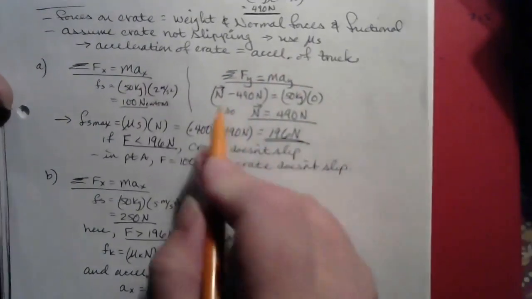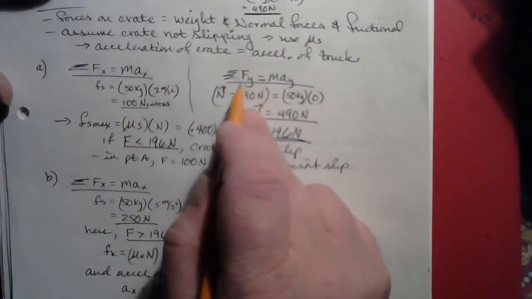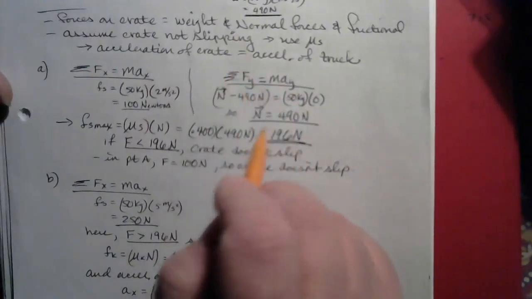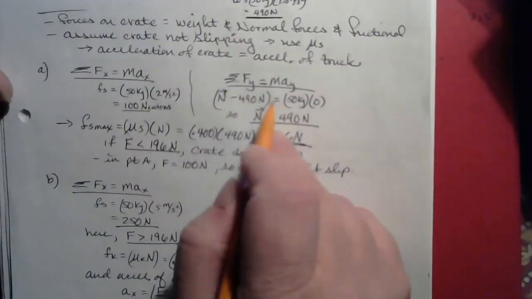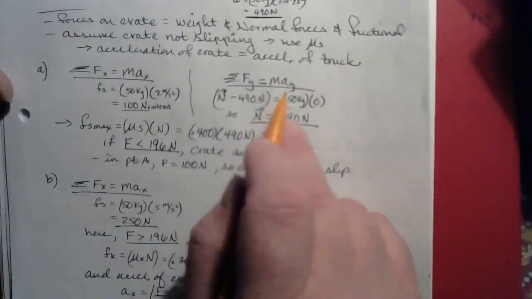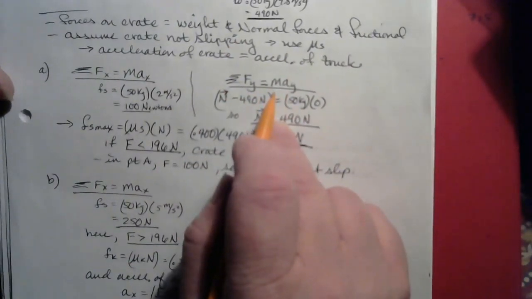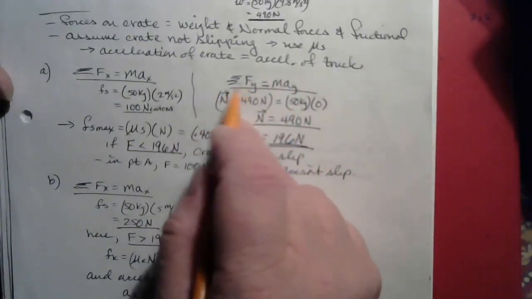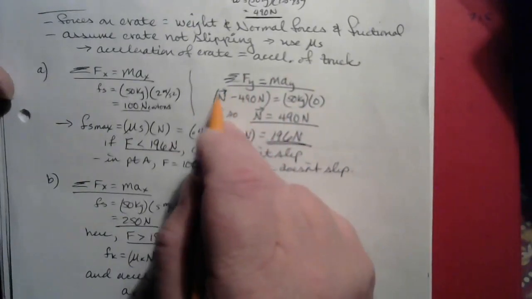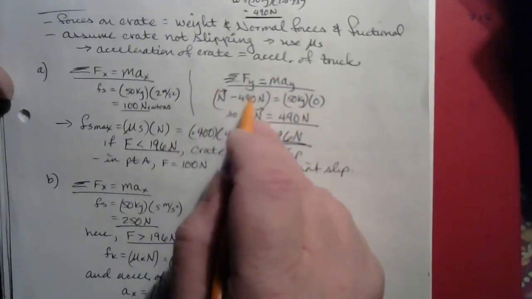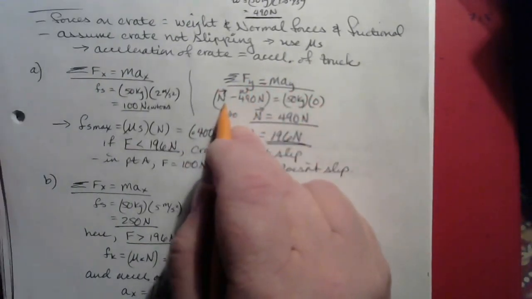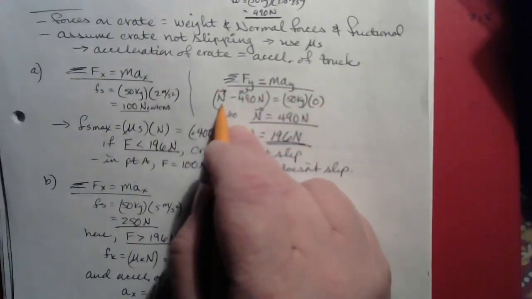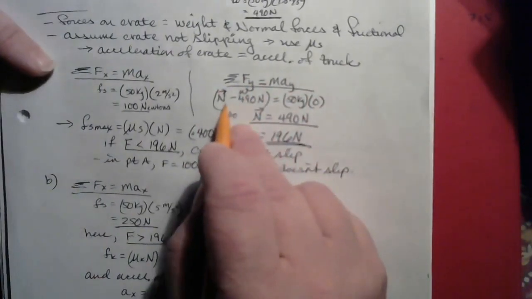And looking at the forces in the y direction, because that's the simpler case, we know that there's no acceleration in the y direction because the box is not moving up or down. So the summation of all of the forces in the y direction would be the normal force minus the weight, because normal is up and weight is down. So weight would be negative in this case.